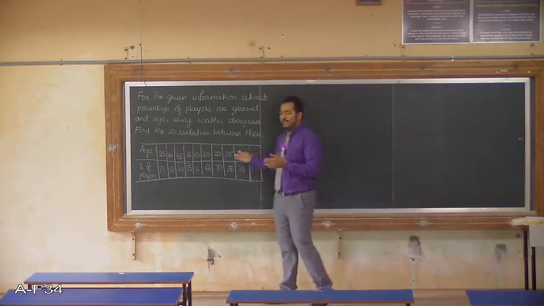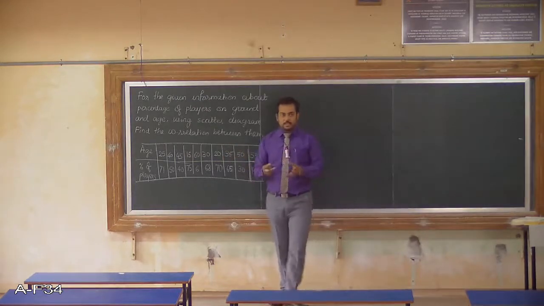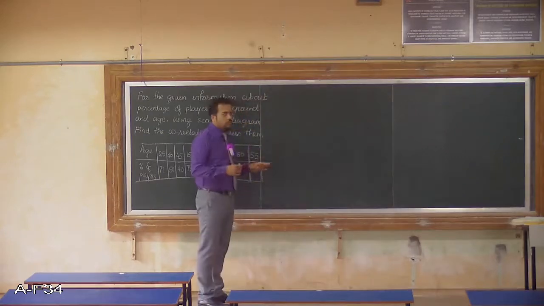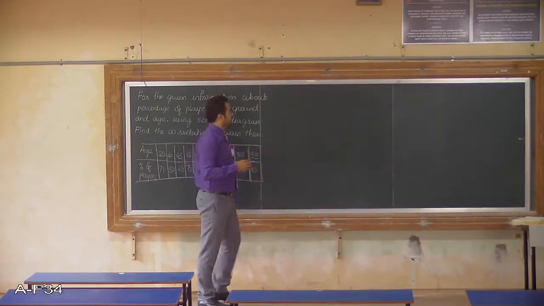Any one you can take on the x-axis, another on the y-axis. Usually we go for the first row on the x-axis and the second row on the y-axis.